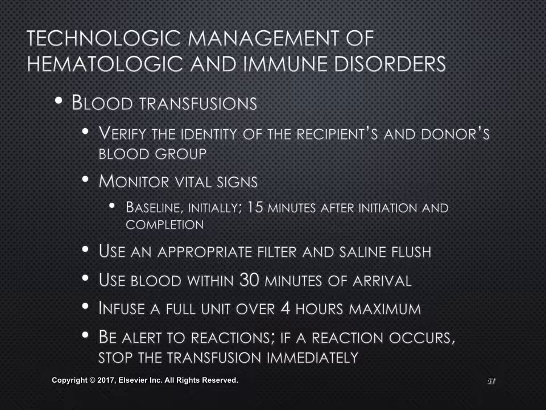At least one time in my nursing career, we saw that the recipient's blood type was not compatible with the donor's type. And we had to send the blood back to the blood bank and have them recross match the blood.